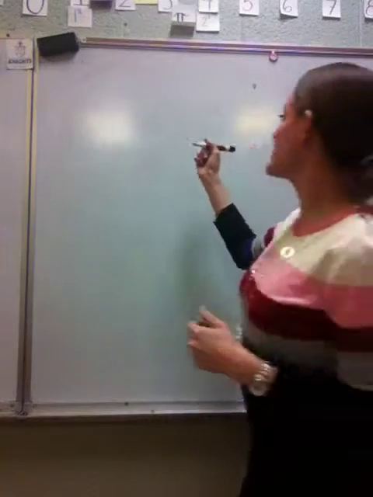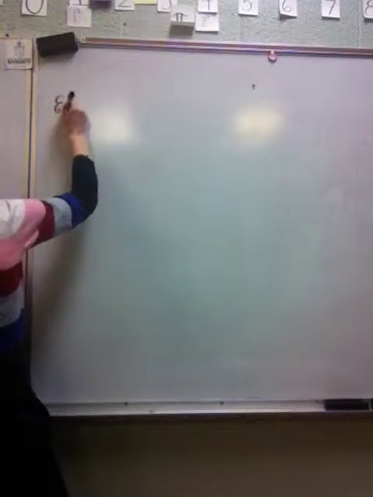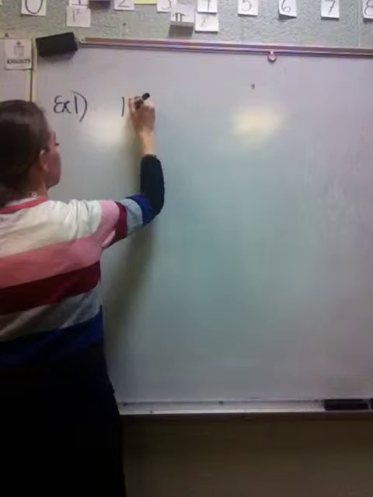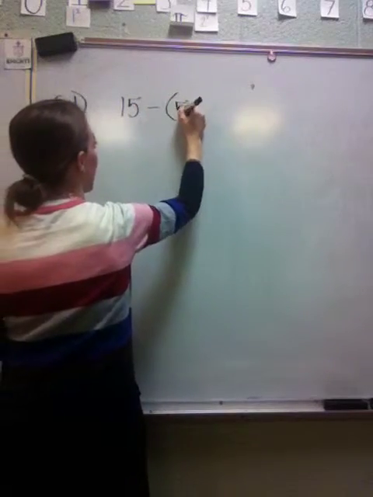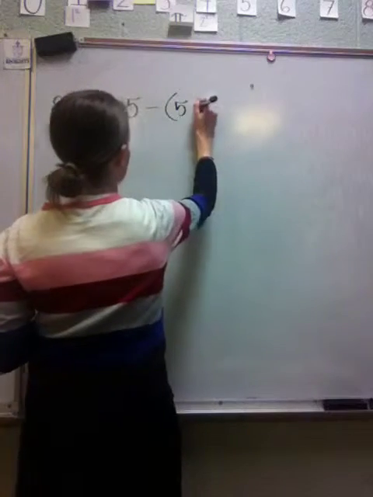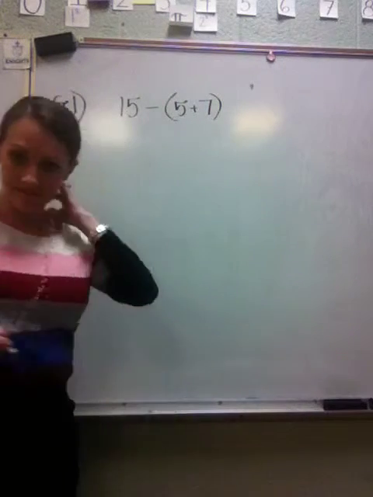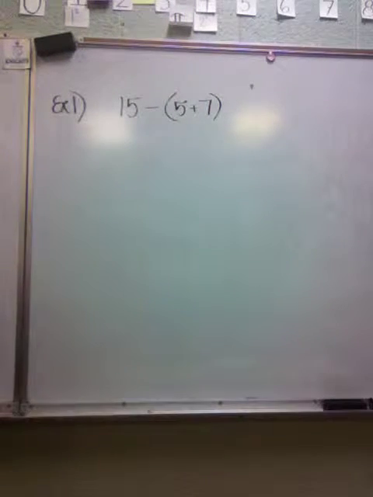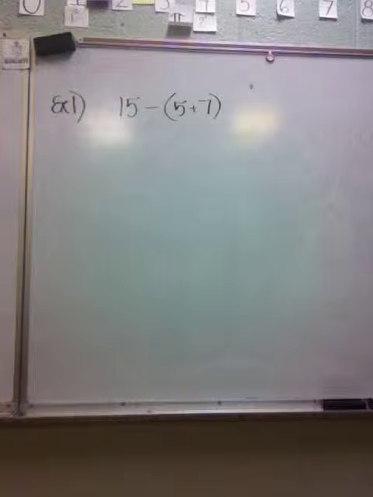All right, let's look at this example. Example 1. We have 15 minus 5 plus 7. All right. Where do I begin? Let's look back over here. I have my parentheses, my grouping symbols first.